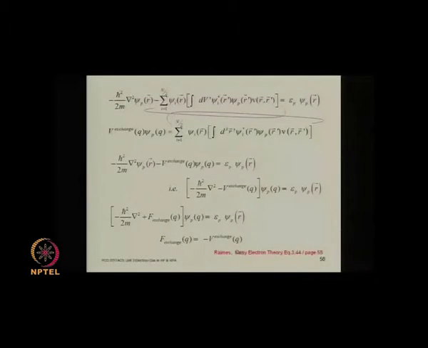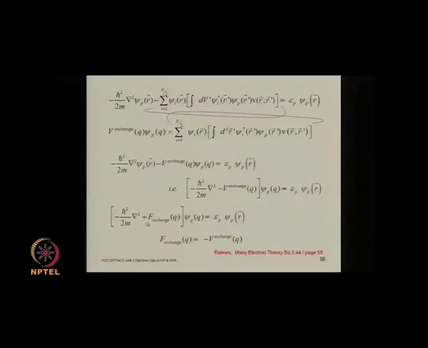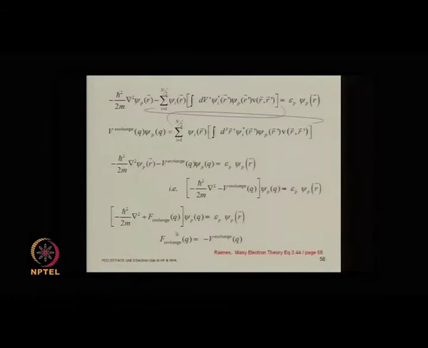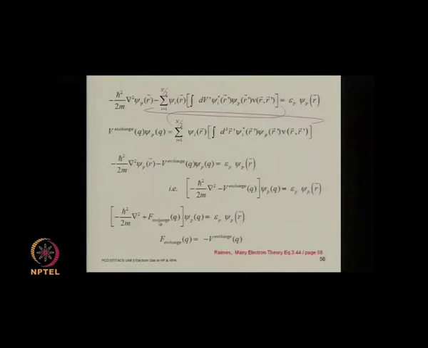So, you have this kinetic energy operator plus the F exchange operator, because the Raines exchange operator is defined as the negative of the exchange operator that we had used in the previous course. So, that is the only reason why we had to go through this exercise. So, you have got this kinetic energy operator plus F exchange operating on psi p, and this is nothing other than the Hartree-Fock equation itself.